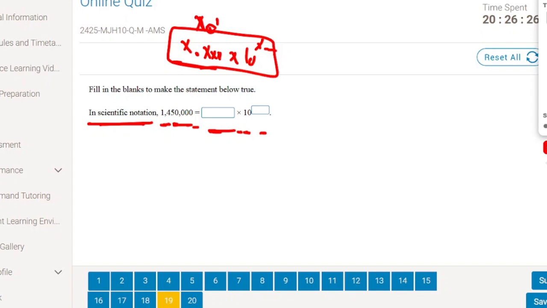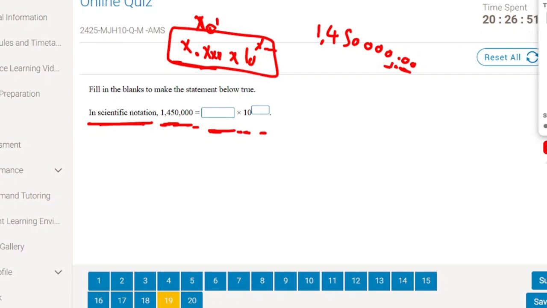So here, we want to put a decimal point. Here I have 1,450,000. In fact this number is like this, 1,450,000.00, but because it is .00, we are not showing this. Now I want to move this decimal to come here, to this point.